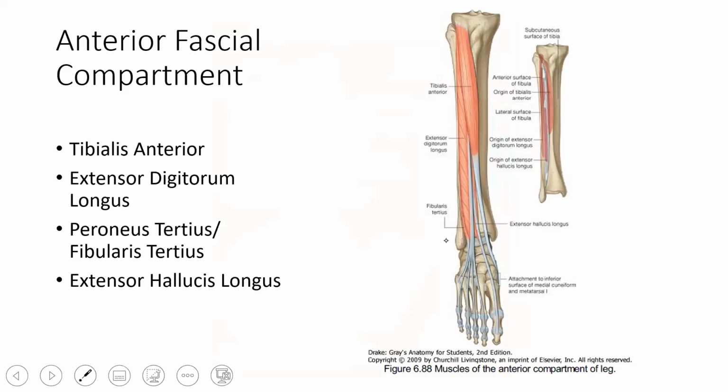If you look at the muscles of the compartments, in the anterior compartment, you have 4 muscles. You have the tibialis anterior, the extensor digitorum longus, and the fibularis tertius. And here you have the extensor hallucis longus. All these arise from the anterior aspect of the tibia and the fibula.